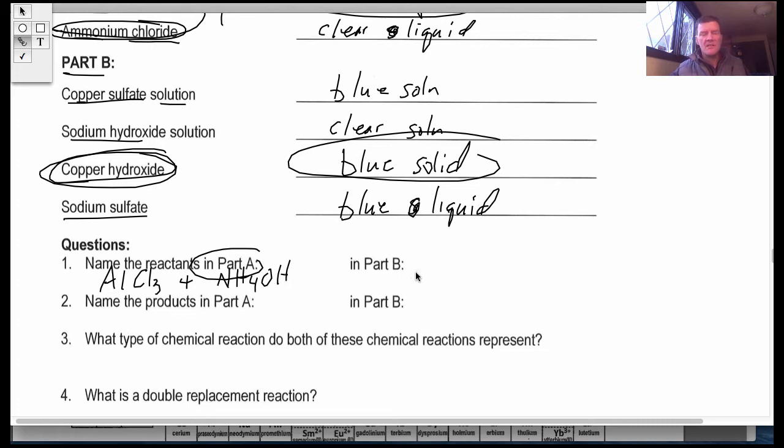And for part B, the reactants are going to be the copper sulfate and the sodium hydroxide. So in a little bit we're going to see these reactants. These are the reactants for part B, these are the reactants for part A.